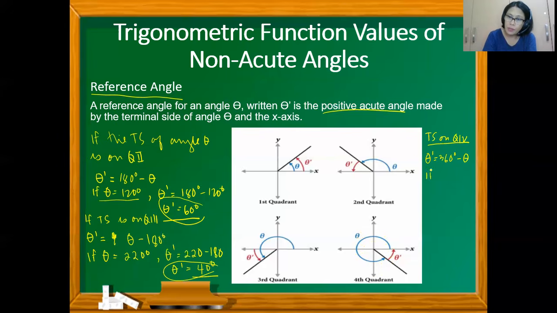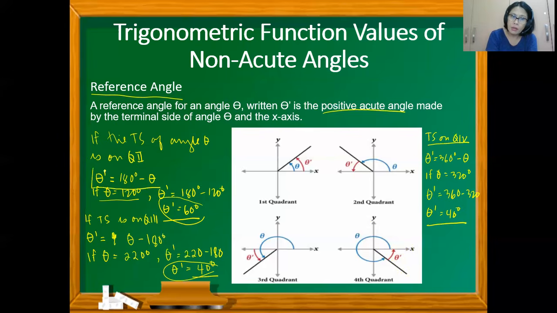For example, if theta equals 320 degrees, the reference angle equals 360 less 320. So the reference angle equals 40, which is again a positive acute angle made up of the terminal side and the x-axis.